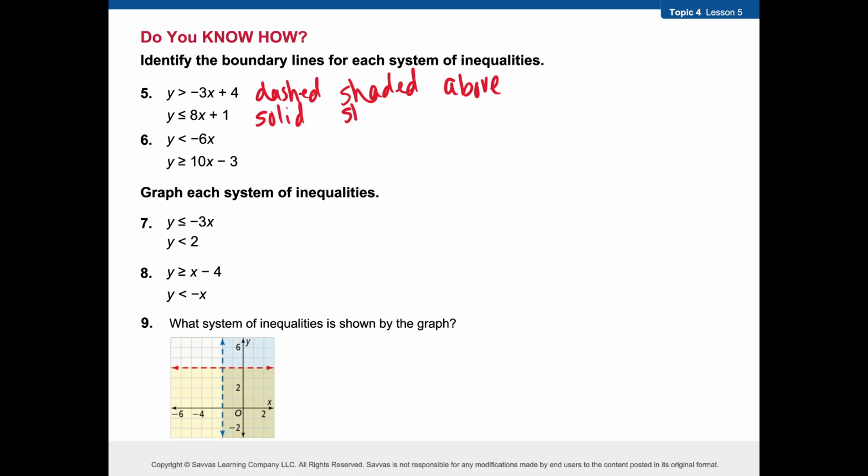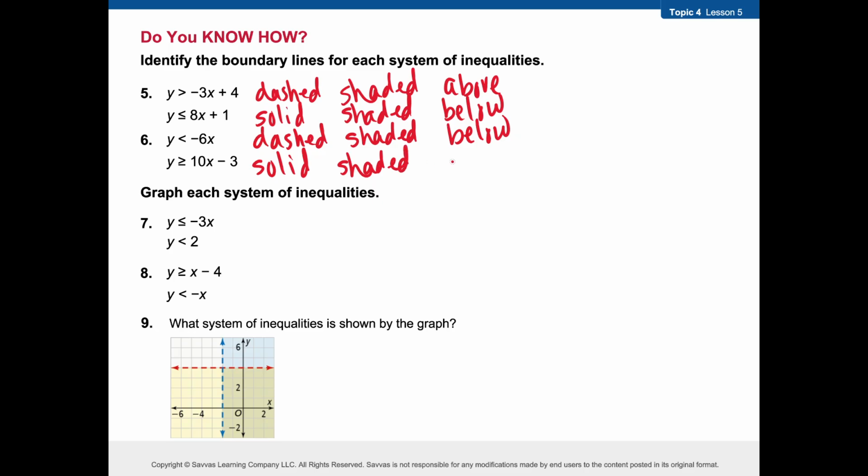This would be solid, shaded below. Number 6 would be, the first one would be dashed, shaded below. The bottom one would be solid, shaded above.